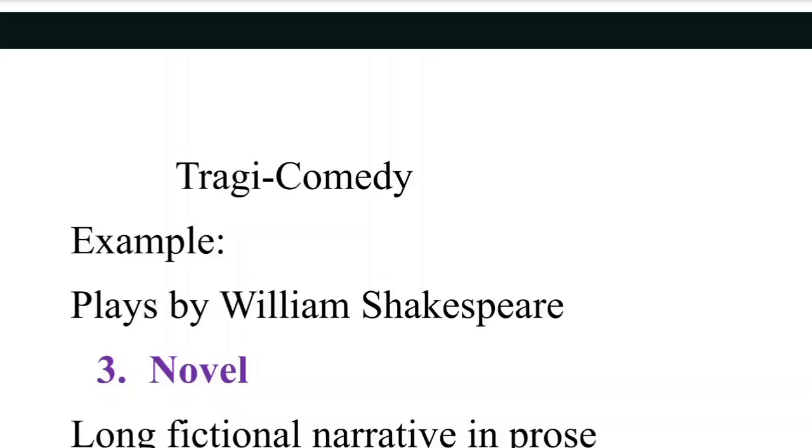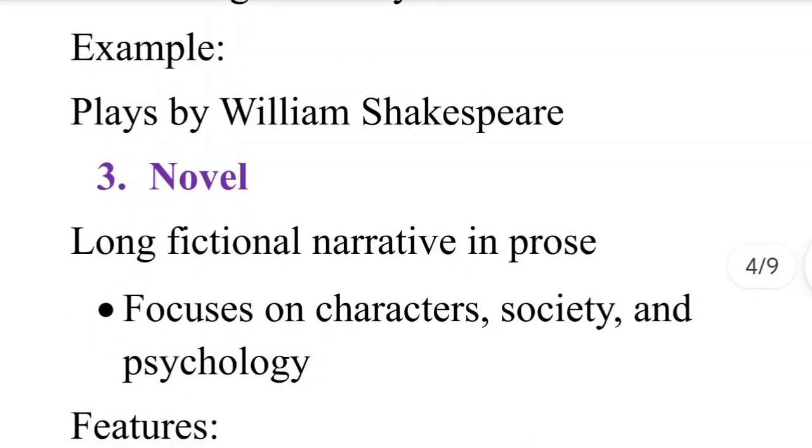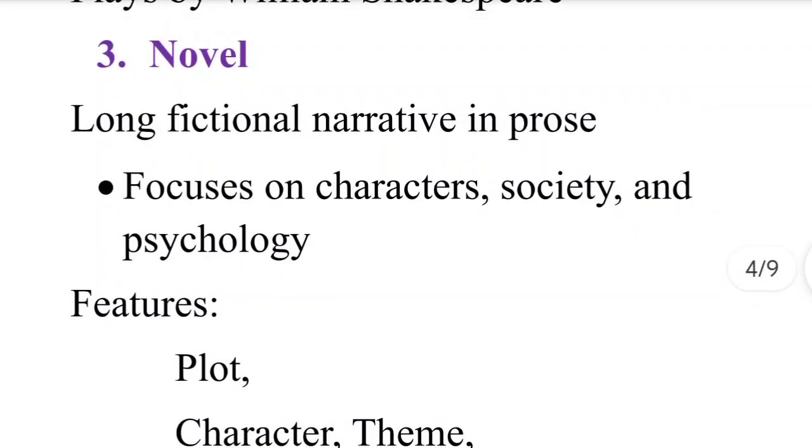And the third form of English literature is the novel. A novel is a long fictional narrative written in prose. In the novel, the major focus is on characters, society, the psychology of the characters and the psychology of the society.